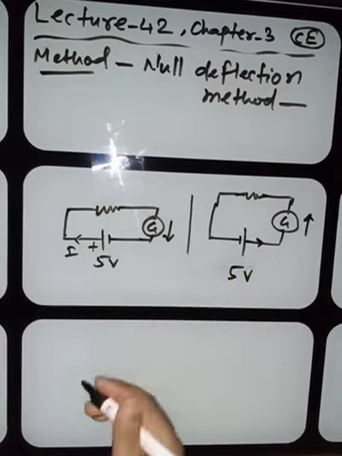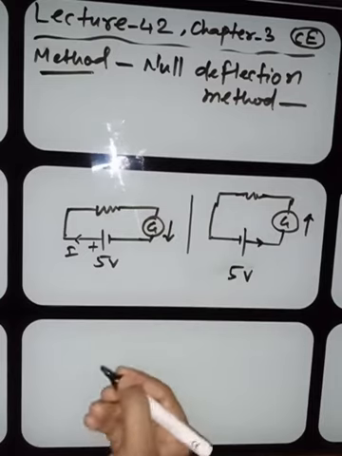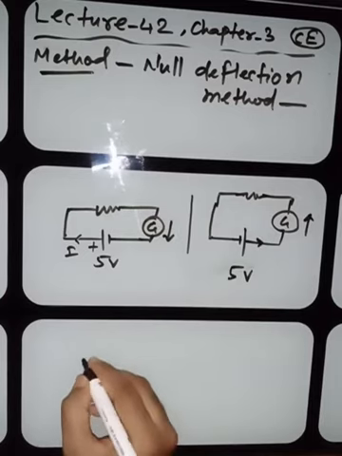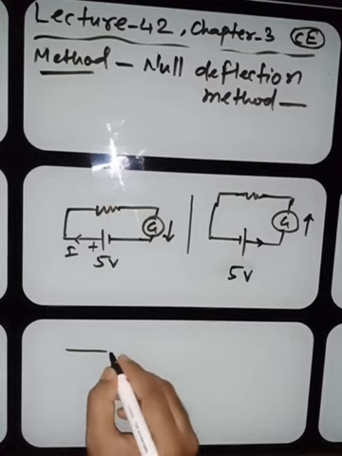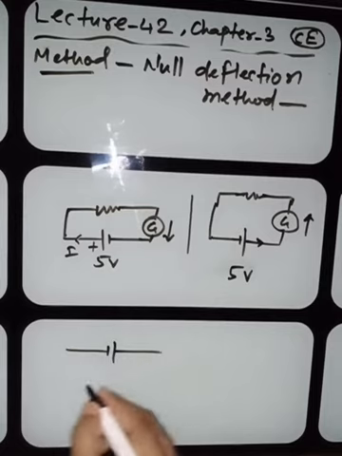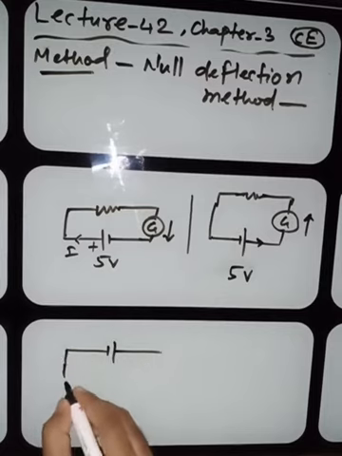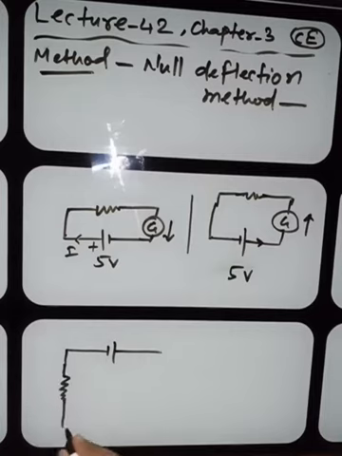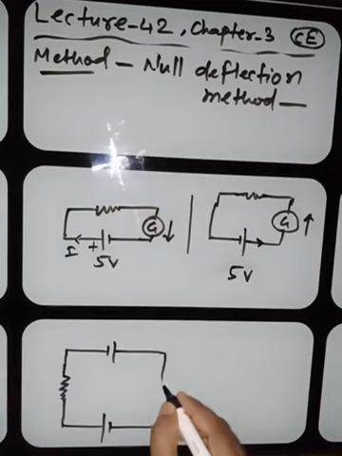Now I am giving you another question. Suppose you have connected two batteries, this 5 volt, a resistance, and another battery of 5 volt with the galvanometer. Now what will happen?